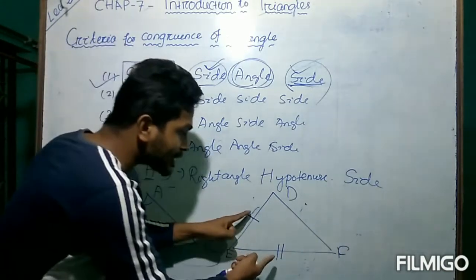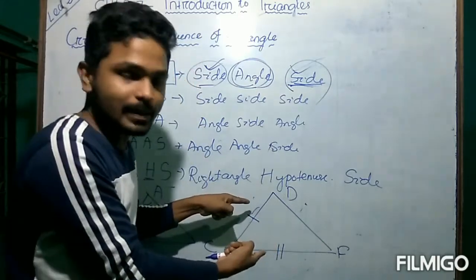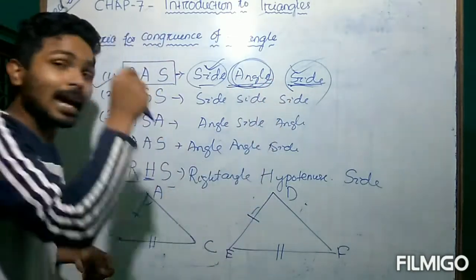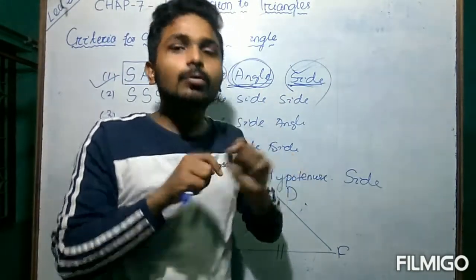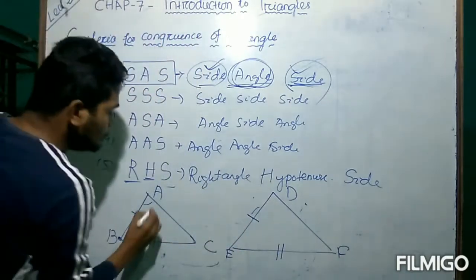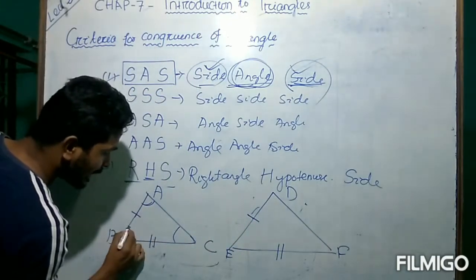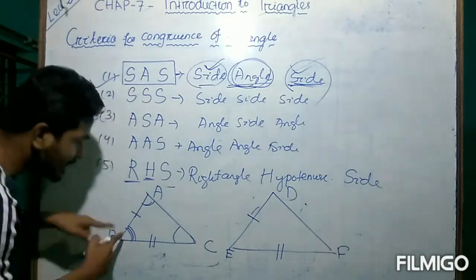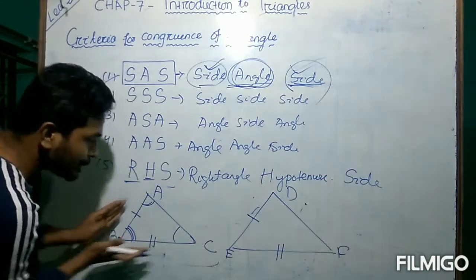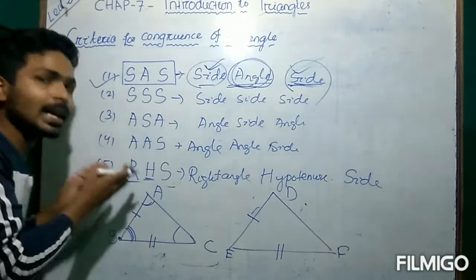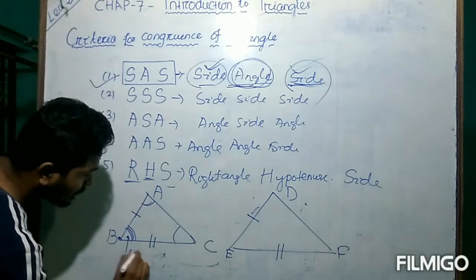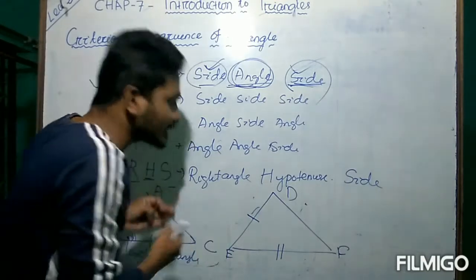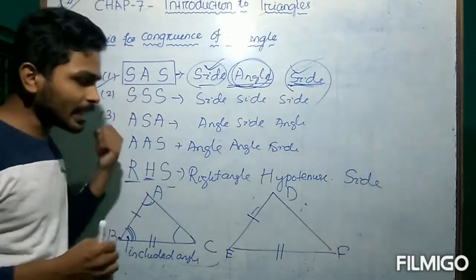So the two consecutive sides are equal to two consecutive sides of another triangle, and this angle means the angle which lies in between the two consecutive sides. See, here we have three angles, but out of these three angles, angle B lies in between these two consecutive sides. This is the included angle, the angle in between the two consecutive sides we have taken.